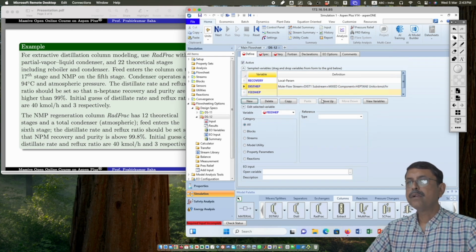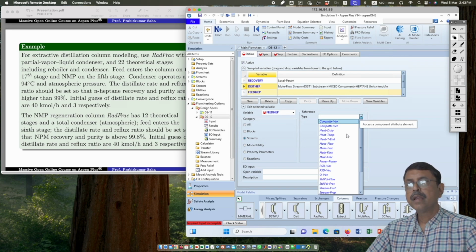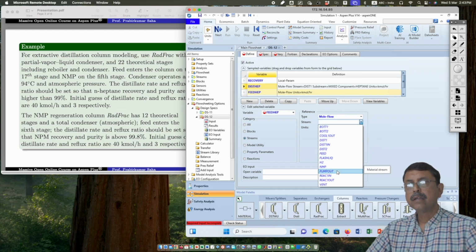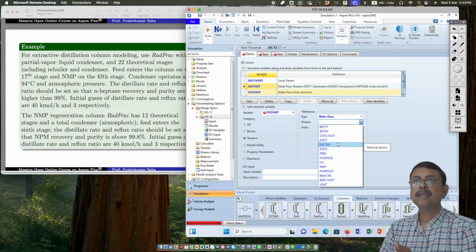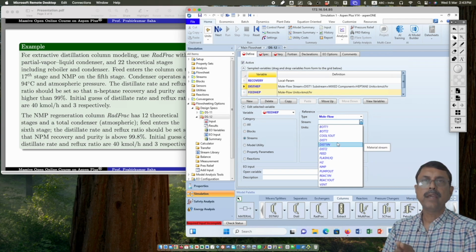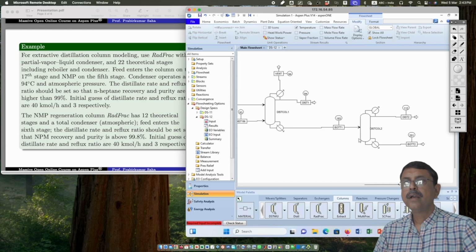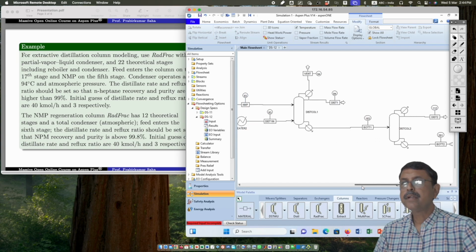Okay, and what is feed hep? Feed hep is also a stream variable, and this is also a molar flow. Actually, it is the stream that is going into distillation column 1. So, what is going in through distillation column 1?